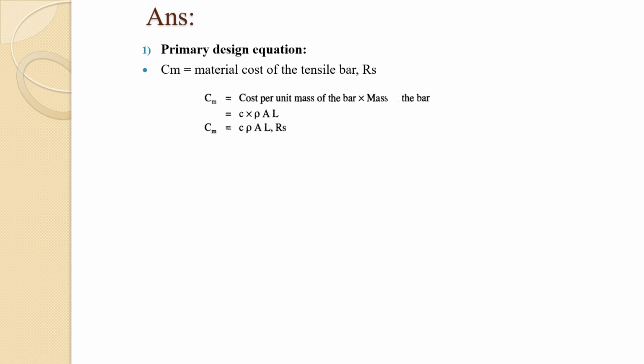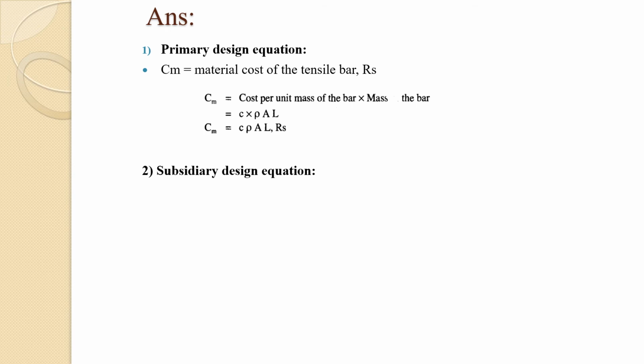So capital CM, the material cost of the tensile bar, is given by the equation: cost per unit mass of the bar into mass of the bar. Now cost per unit mass of the bar is a given thing from the material list, that is small c, into mass of the bar, which is rho into A into L. So capital CM is equal to c into rho into A into L in rupees. It is the material cost of the tensile bar which we have to minimize.